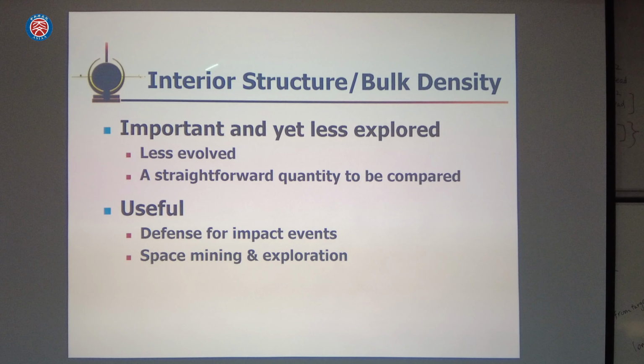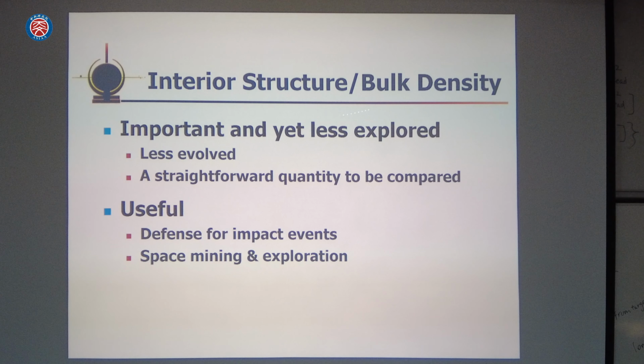Although Rosetta tried to sense the surface of Comet 67P, because the Philae landing failed, we lost the chance. So we hope in the future we'll have a chance to directly measure the interior structure of an asteroid.